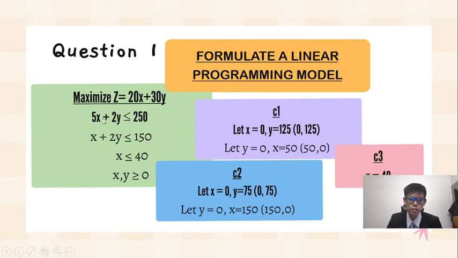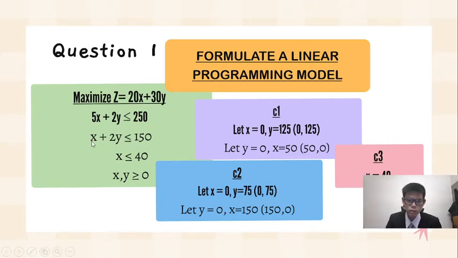The first constraint is 5x plus 2y smaller or equal to 250. This first constraint is talking about the pruned olive. The pruned olive has 5 labor and 2 acres of land. The second one is talking about regular olives, which is the not pruned one.